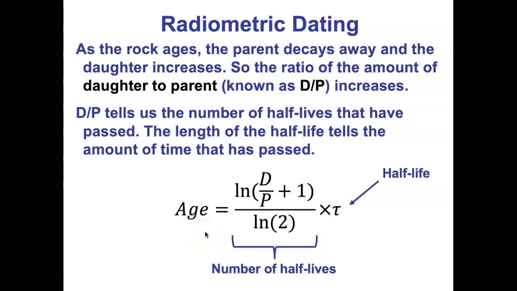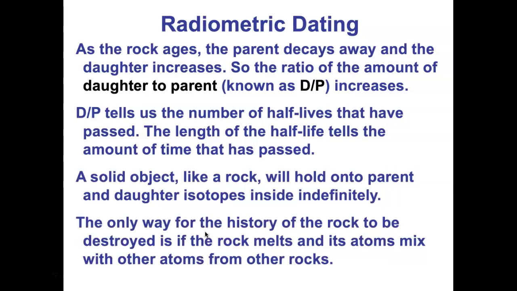This is how you get the ages of rocks here on Earth, or on the moon, or these old meteorites. Why are we focusing so much on rocks? Well, because rocks are solid. And in a solid rock, the parent and daughter atoms are locked inside the rock indefinitely, right?